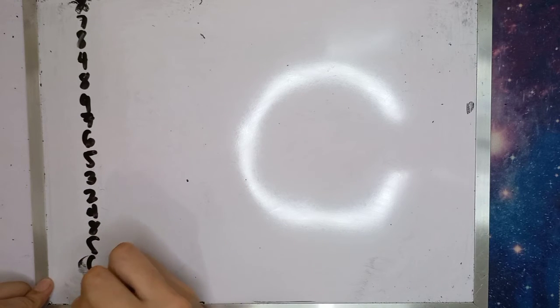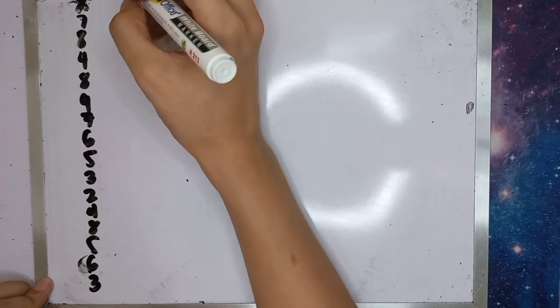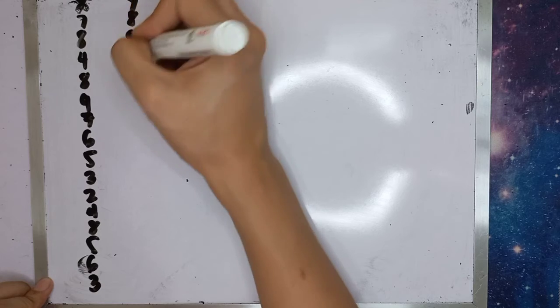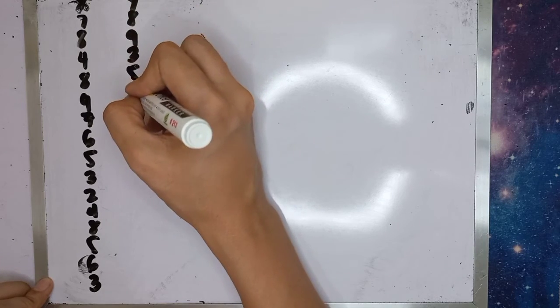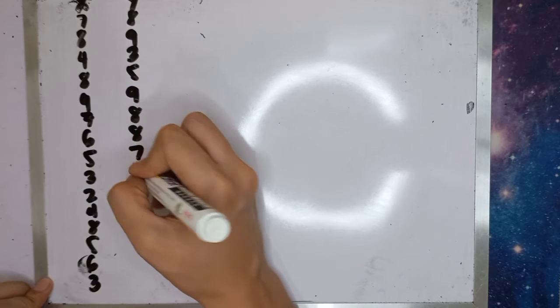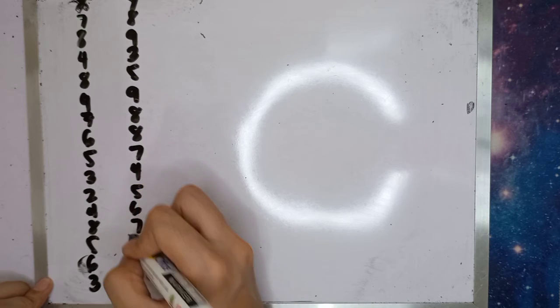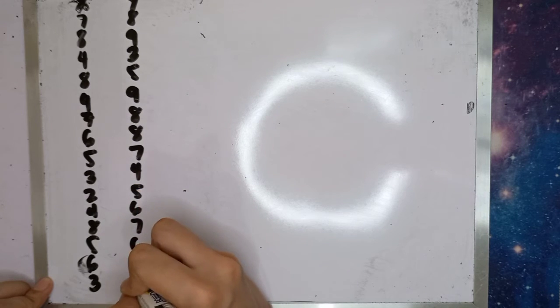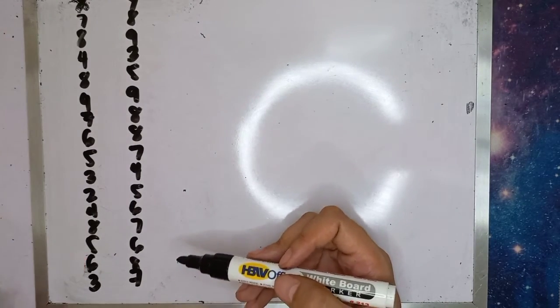This is 6, 5, 6, 3. Then yung y natin, 8, 9, 3, 5, 9, 8, 8, 7, 4, 5, 6, 7, 6, 8, 7. Okay, so ito yung value ng x tsaka y natin.